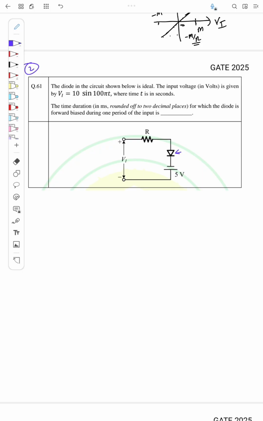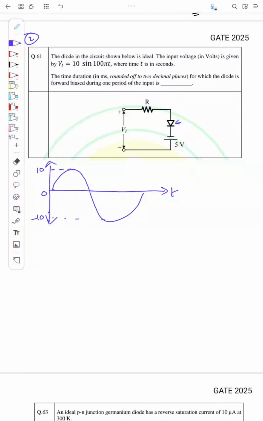So given Vi is a sinusoidal signal, and the peak is 10 and minus 10. So what is the frequency of the signal? Vi is equal to 10 sine 100 pi t.